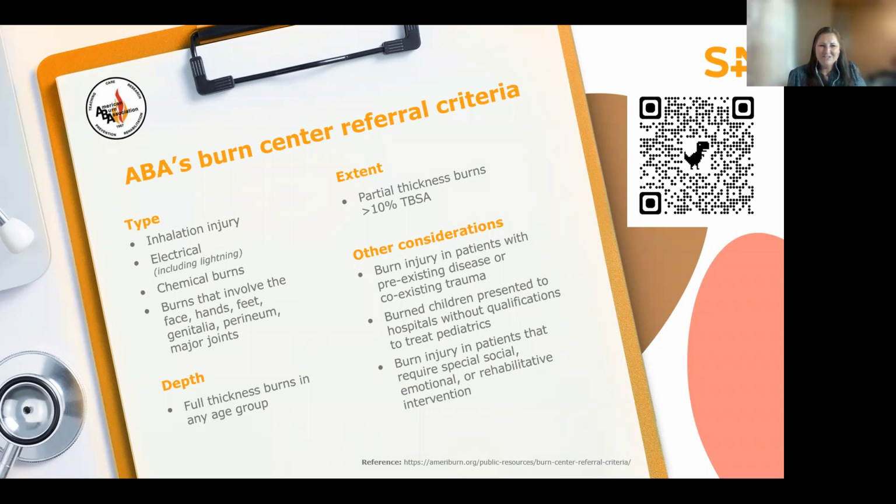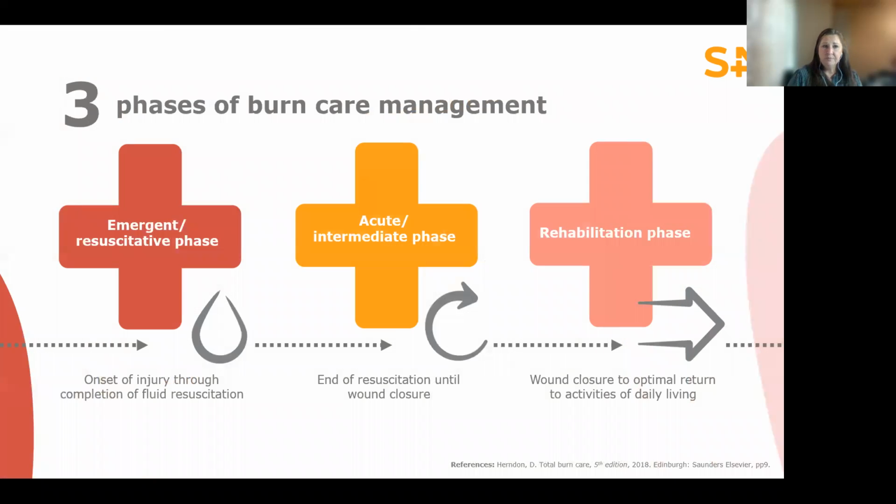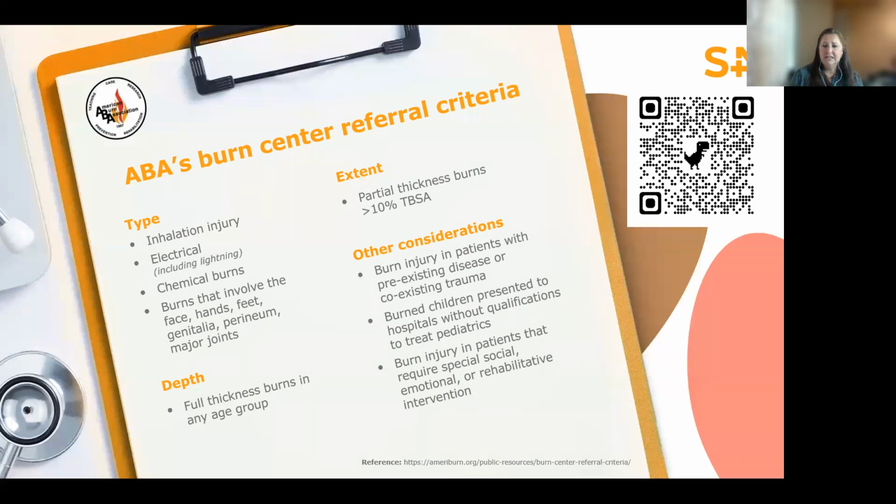Fantastic. Thanks, Ashley. So among the criteria, we know types would include inhalation and electrocution. Depth is what we're looking at in full thickness, also the TBSA, and then if they have any comorbidities.